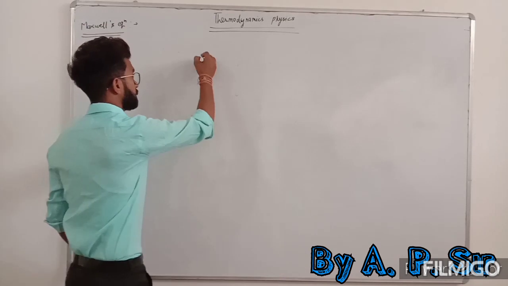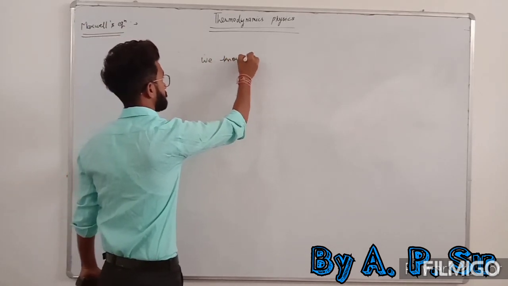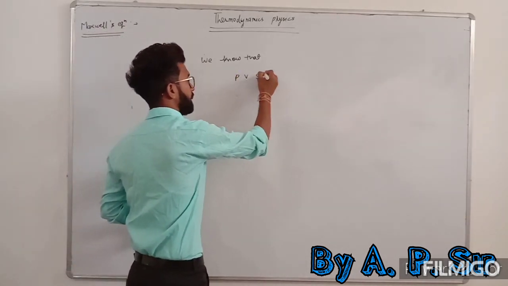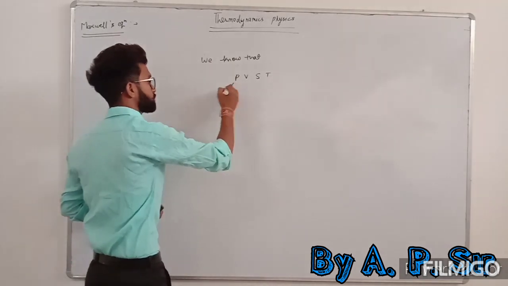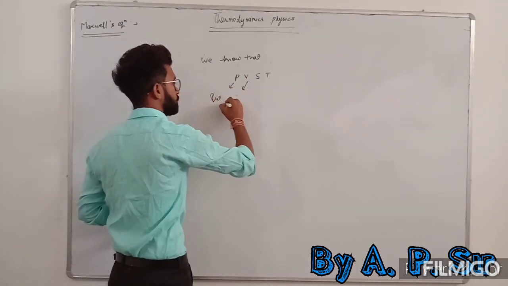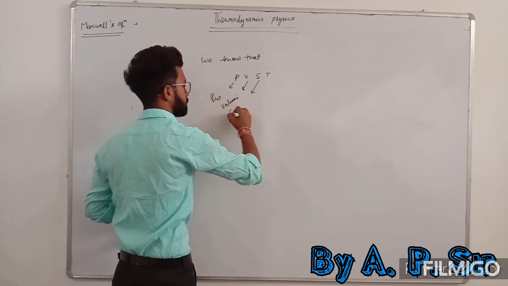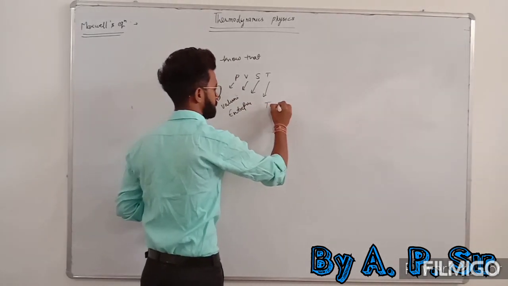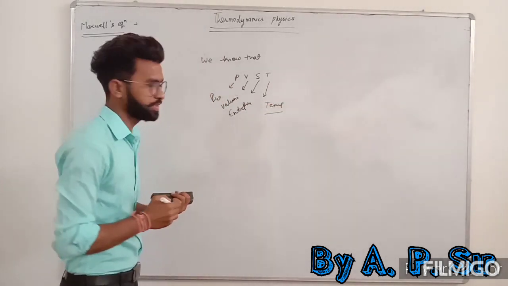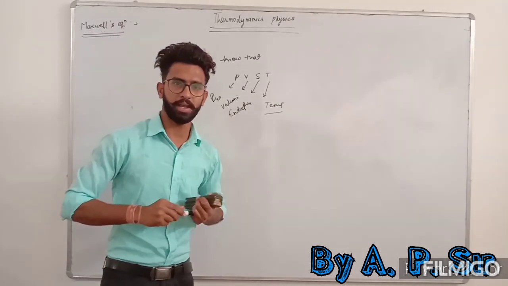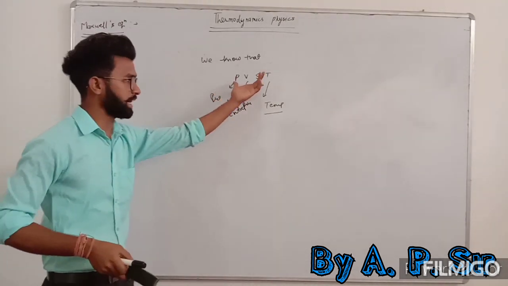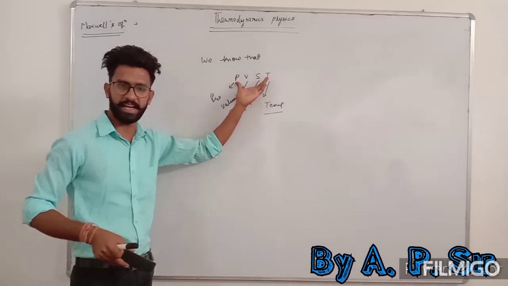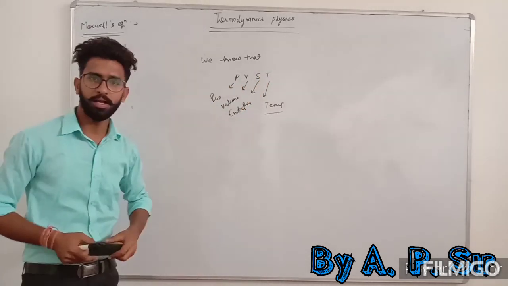Thermodynamics has four coordinates: P, V, S and T. P equals pressure, V equals volume, S equals entropy and T equals temperature. The equations which define the relation between thermodynamic coordinates are called Maxwell equations.